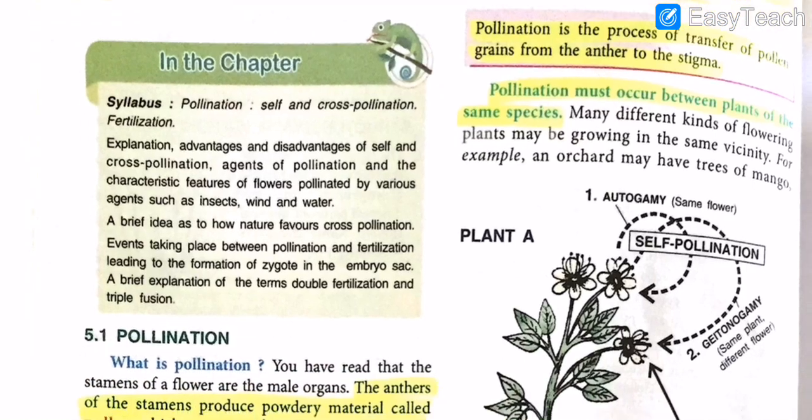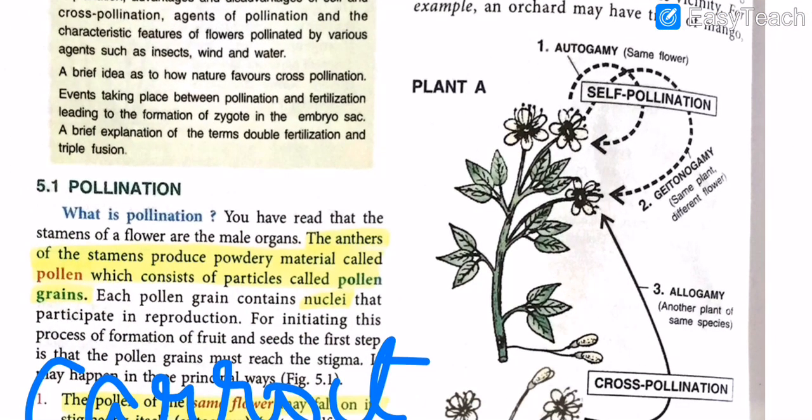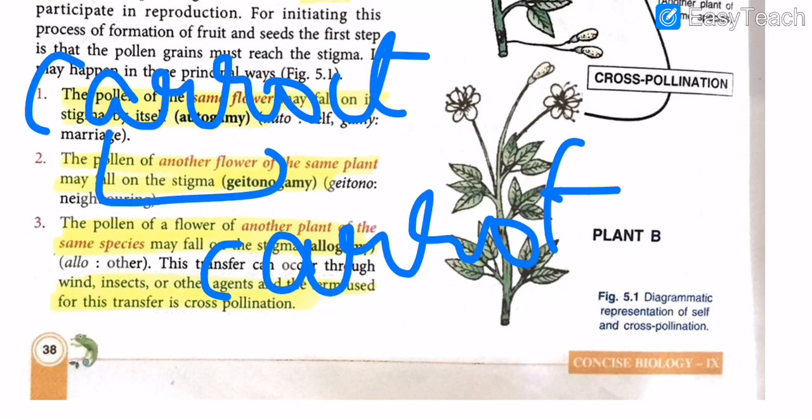So look at this. Over here, as you can see, this is autogamy and geitonogamy, right? Look at this. Same plant, but different flower. So that's geitonogamy. Now, autogamy is within this flower itself, where we are having the pollination. And cross-pollination is just two different plants.